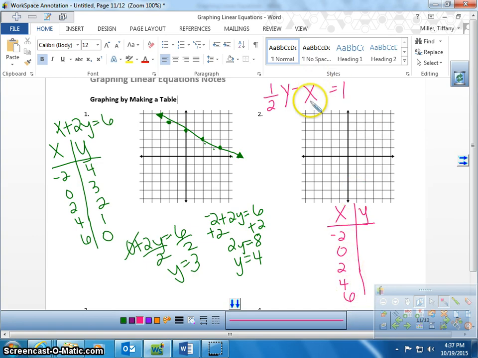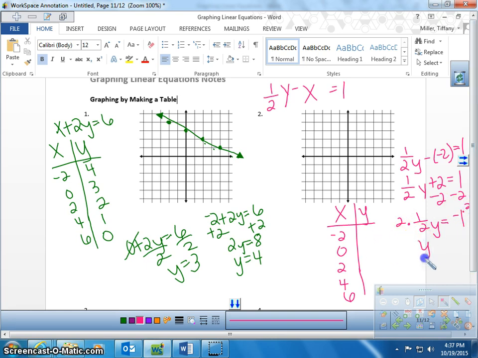So plug these values into x and y. If you plug in -2, you have 1/2 y minus -2 is equal to 1. And solve this for y. Negative times a -2 is positive 2, is equal to 1. Subtract 2. 1/2 y is equal to 1 minus 2, which is -1. Multiply each side by 2. y is equal to -2.